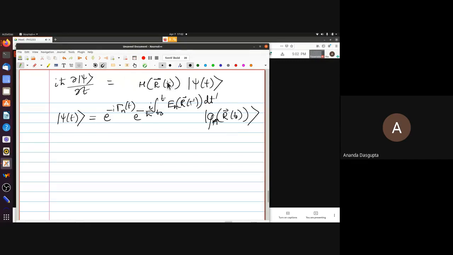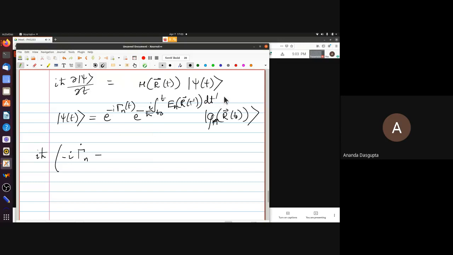That's all we can do. And if you do that, you'll get something like this. You'll get iħ. Then comes the derivative of this thing. Of course, the derivative of this thing will be minus i. That's what comes from this derivative into the whole thing, but that's there anyway.